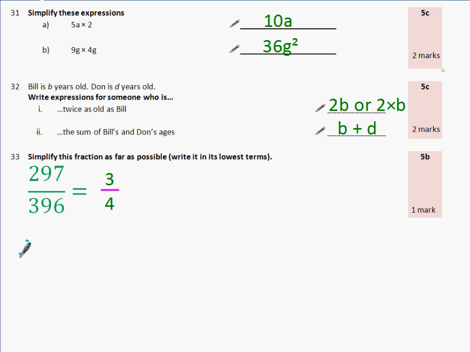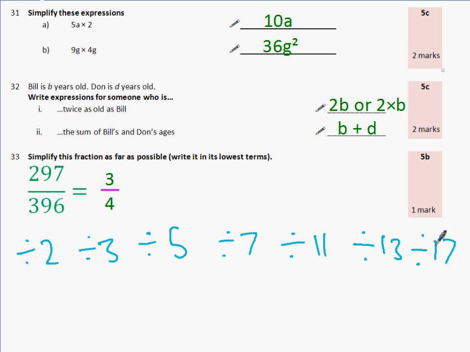The ones I recommend trying are dividing by 2, 3, 5, 7, 11, and if you're still really stuck, 13 or 17. I would have thought that a large proportion of the questions where we are told to simplify would be covered by trying one of these 7 options.